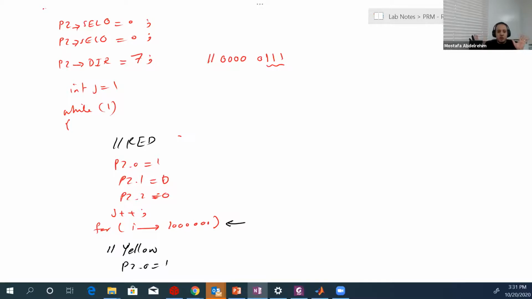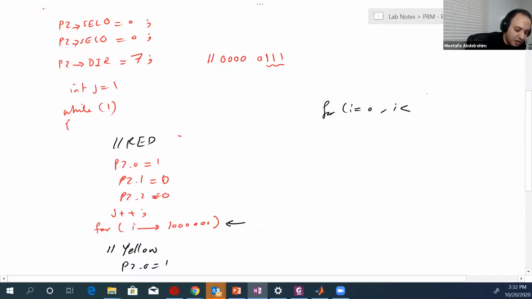If you write for i equal to 0, i less than 10, i plus plus, whatever you write will be converted to binary and stored in the memory.